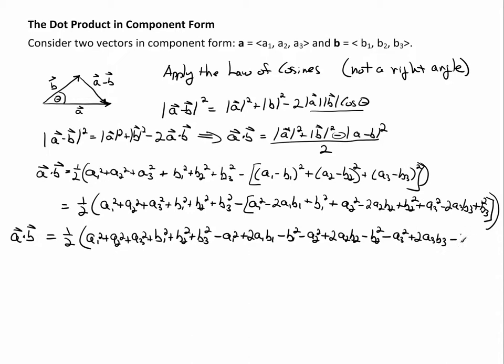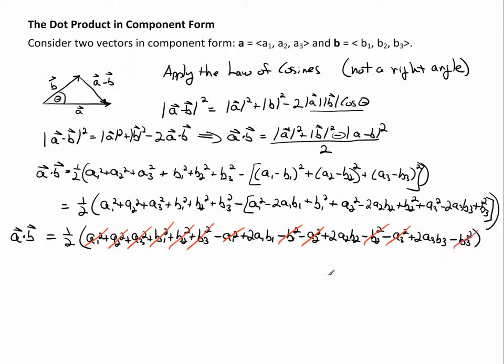Now, I have a positive A1 squared and a negative A1 squared, so those go away. The same for A2 squared, A3 squared, B1 squared, B2 squared, and B3 squared, each positive and negative pair goes away. What does that leave me with?